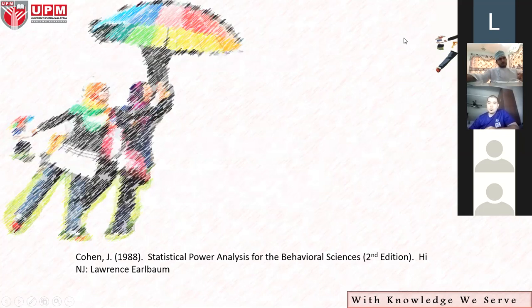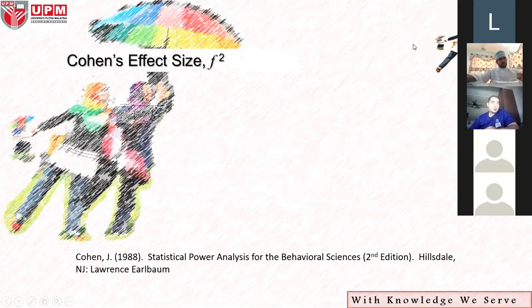So to check for correlation you need to run the Pearson product moment correlation. You cannot rely on the correlation coefficient here because sometimes you will miss the actual direction of the relationship. Clear? No questions.